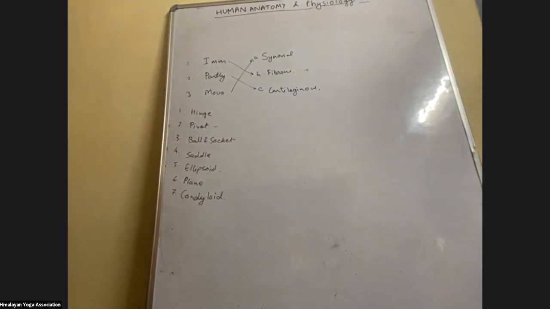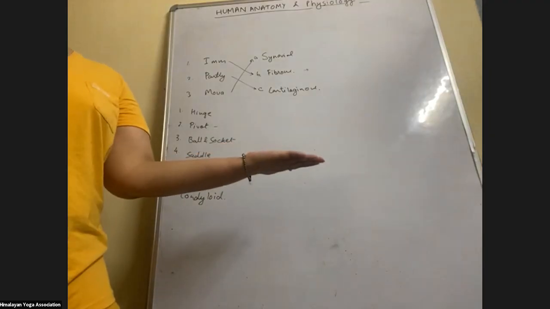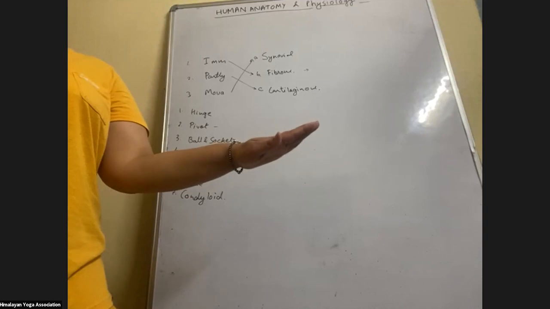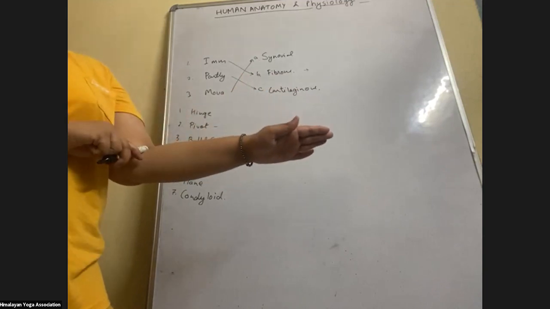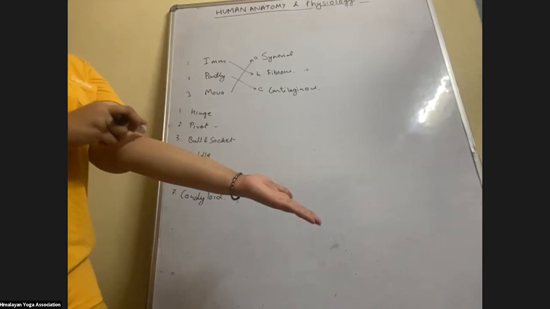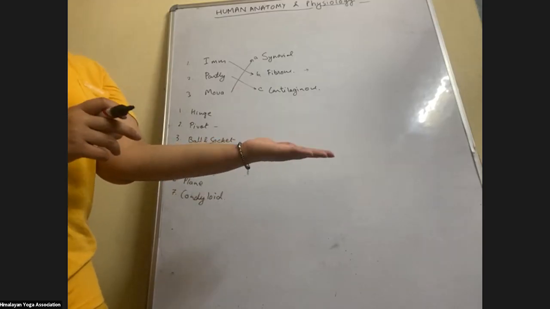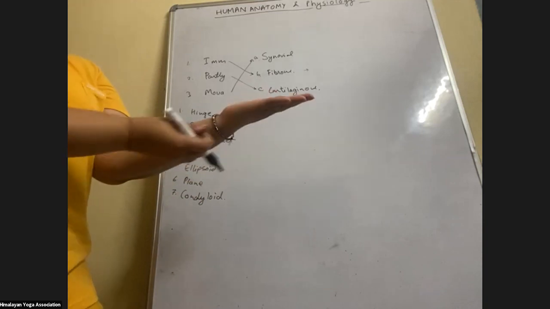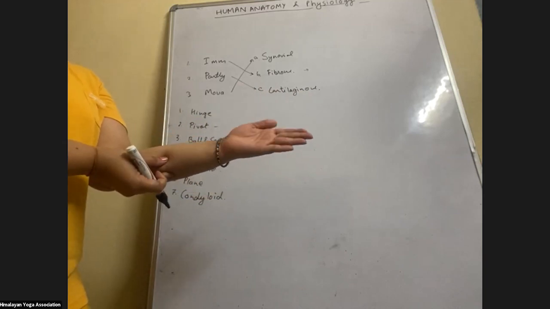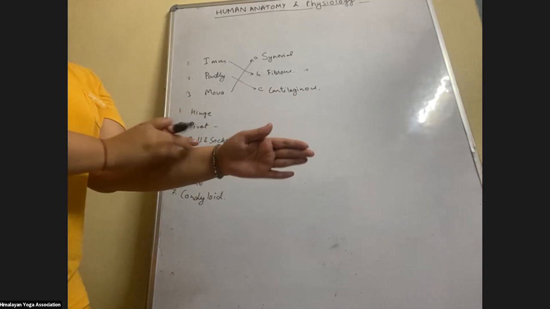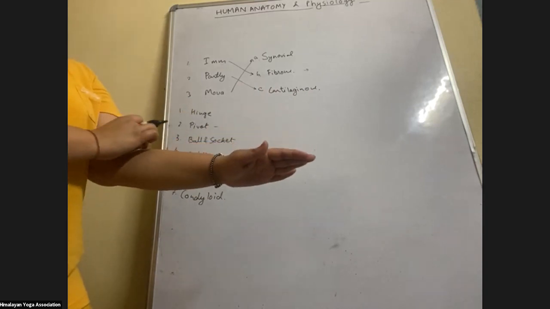Now pivot. Example of a pivot joint, please. The forearm, you can rotate it, from the wrist or from the elbow. From the elbow. Here this is the radius, and this is the ulna. The ulna stays in its position, and the radius is rotating at this joint.